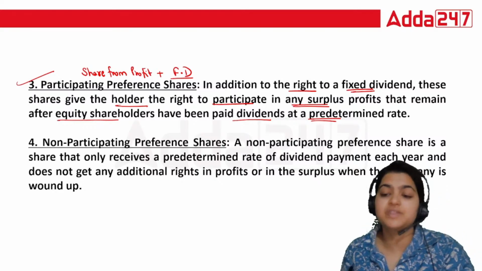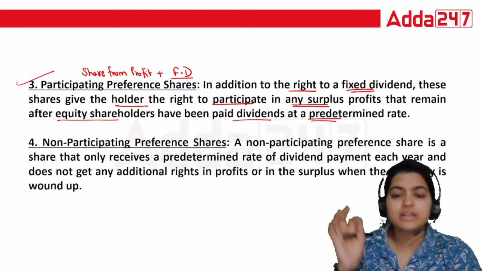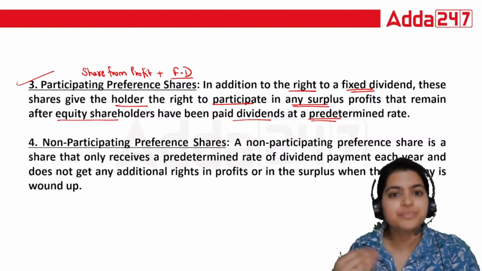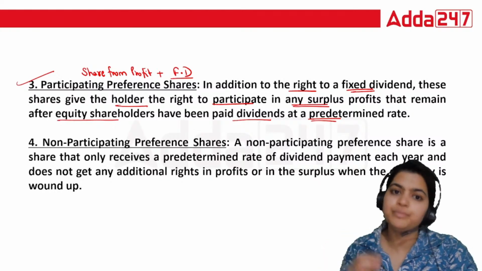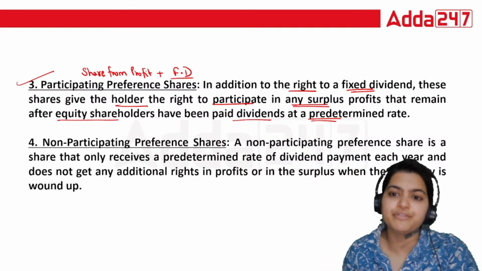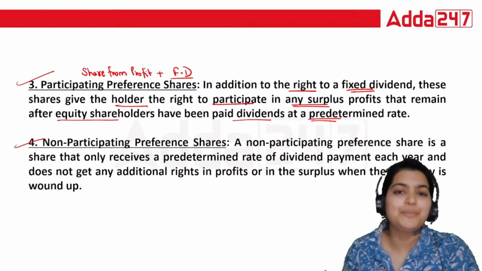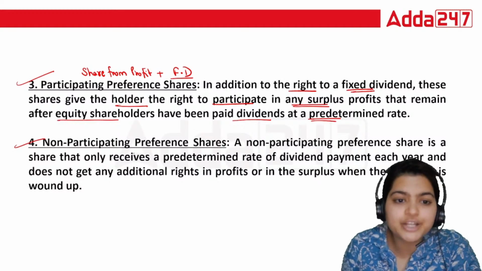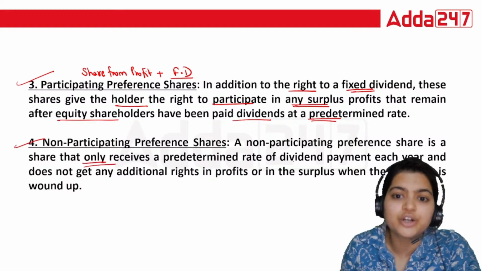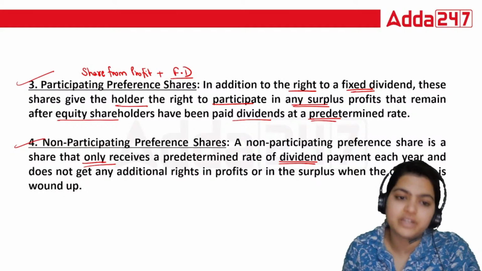Here you will receive two things. First, your fixed dividend always. Next, a share from profit, that is participating preference shares. Then non-participating preference shares, the opposite of participating. Here you will receive only and only your fixed dividend.